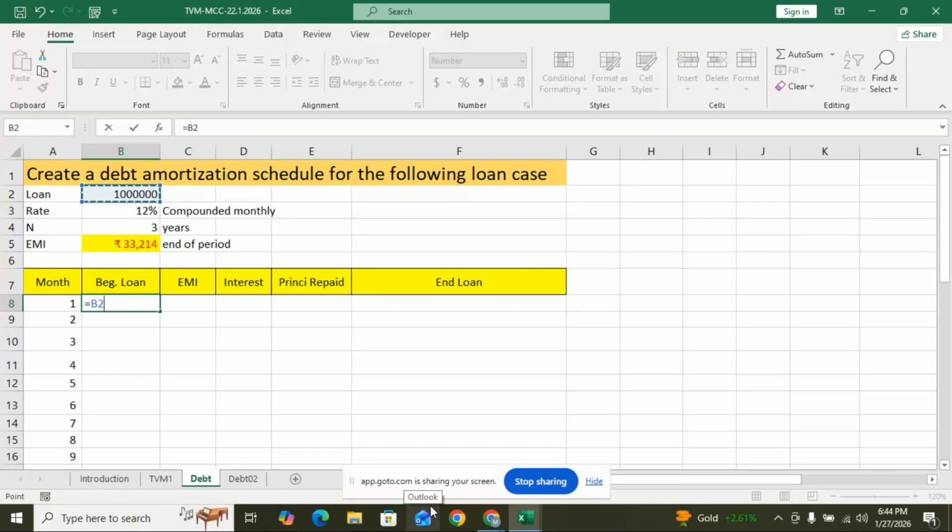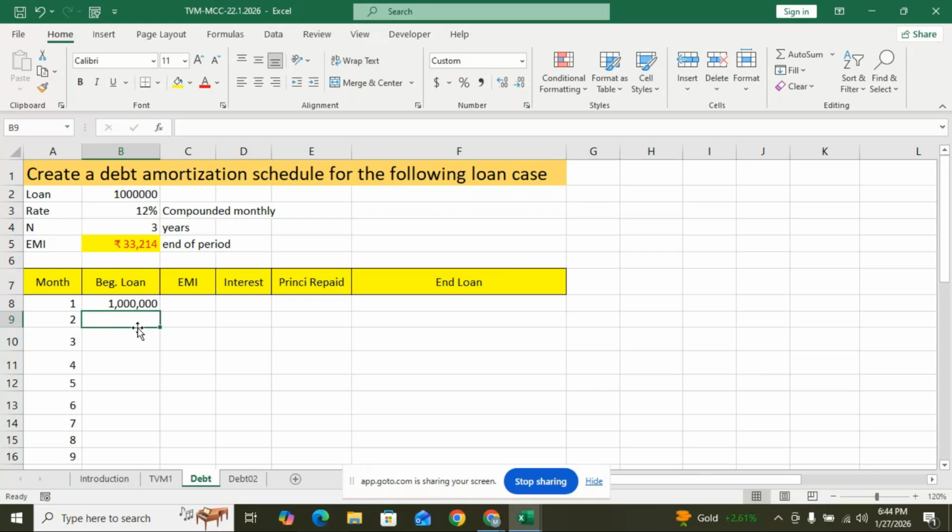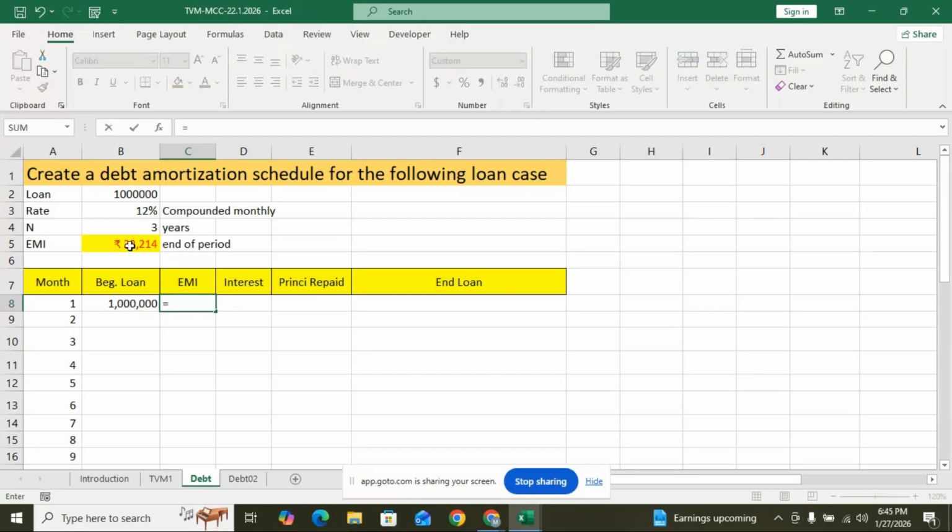Press enter. So you're going to take the cell reference here, equals to 10 lakh. EMI again equals to, your EMI is this 33,214. Press enter. That's all.